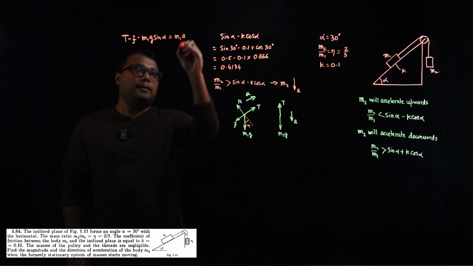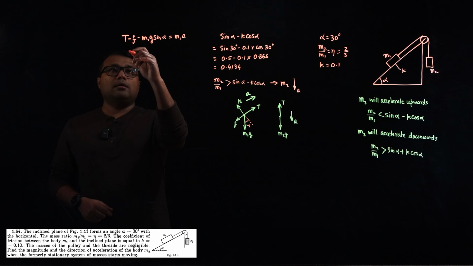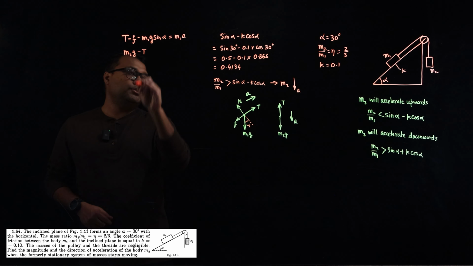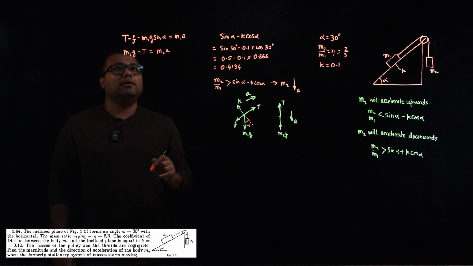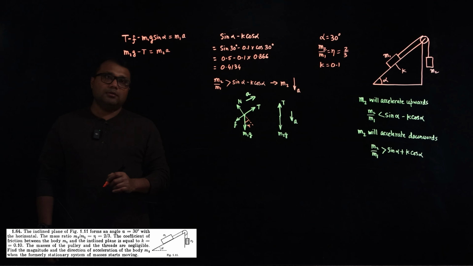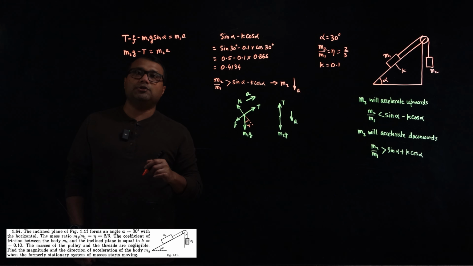So, m1a. Okay. From this one we can write m2g minus tension is equal to m2a. So, the only unknown is tension. So, we have to use these two equations to get rid of tension.